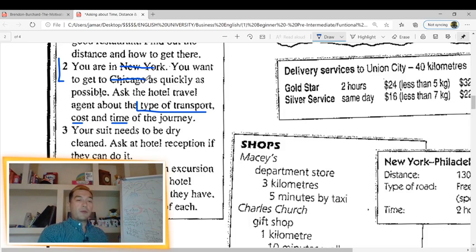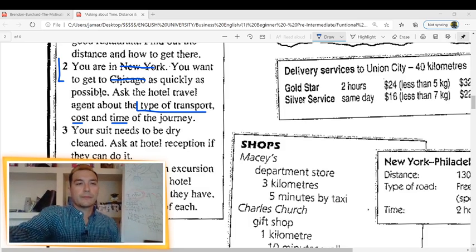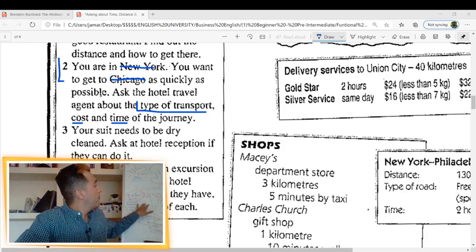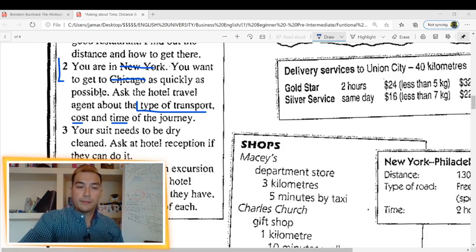Okay, can you help me with the question for the type of transport? Let's follow the formula. What type? More. We need to make this bigger. Type of what? Transportation.